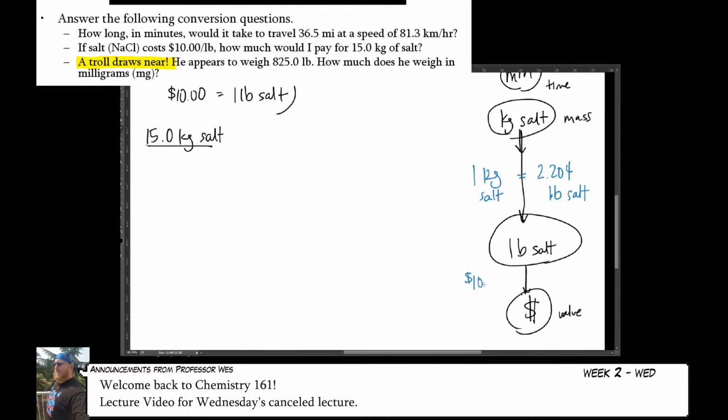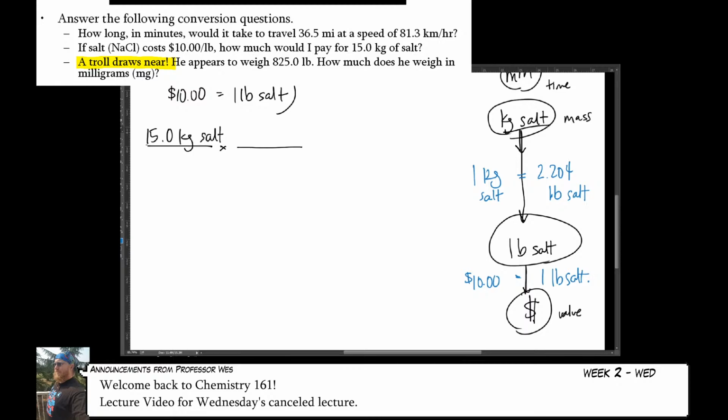And then I have $10 per pound. I'm being specific on this problem because it's just a good habit to get into. It's not necessary because we don't have 2 masses like we did with Hazel's problem.